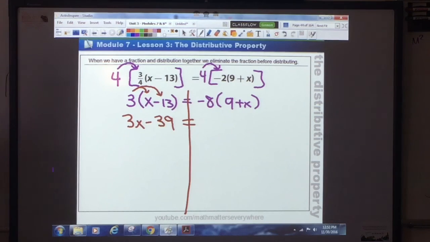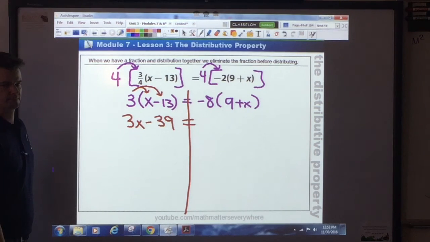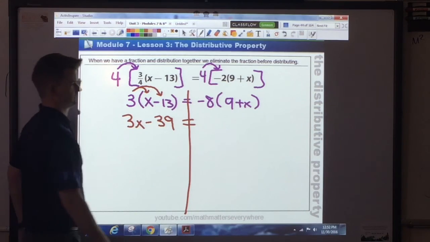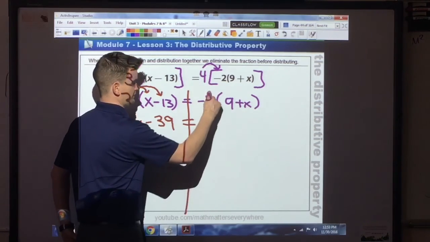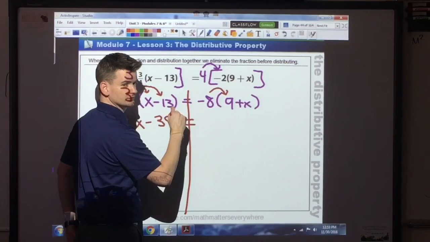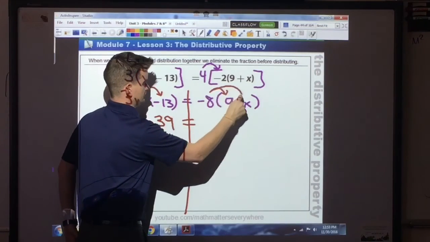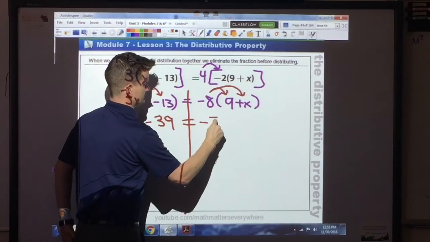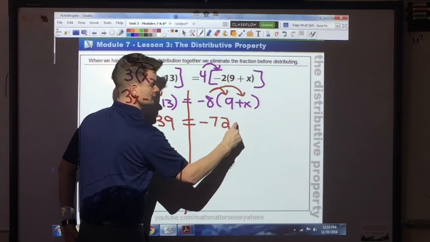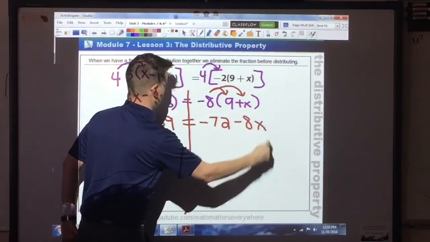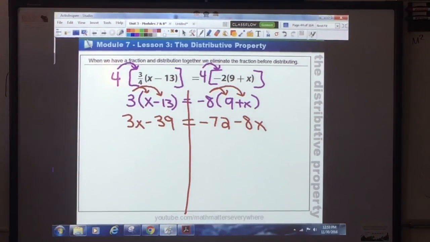Negative 8 times 9 and negative 8 times x. I get negative 72 minus 8x. That looks real familiar, doesn't it?